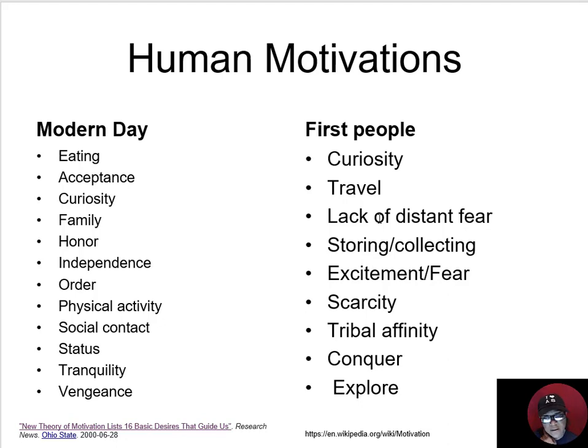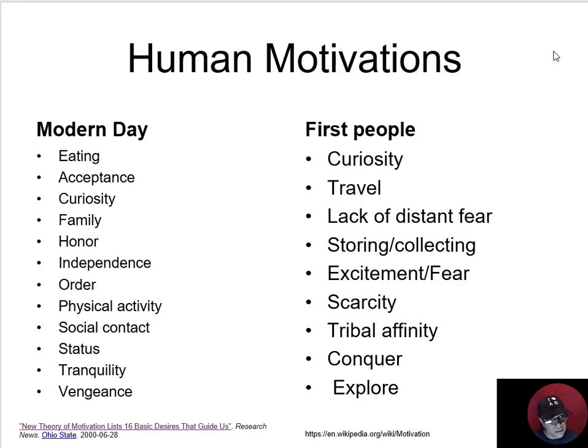This lack of distant fear, this is one of the traits that actually is harmful for us. This is one of the traits that is kind of playing against us in the global warming sphere, because it seems so far away that catastrophic things will be happening, that we tend to really think that it's not a problem, even though it's a huge problem, right? But this lack of distant fear is a trait that we have.